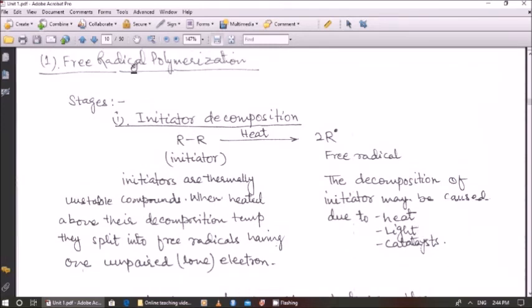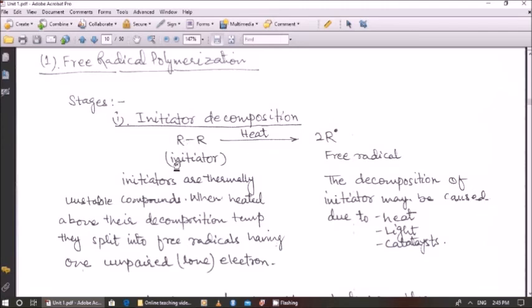In free radical polymerization, some free radicals have to be generated inside the monomer, and these free radicals are responsible for initiation of the polymerization reaction. So the first stage is known as initiator decomposition.